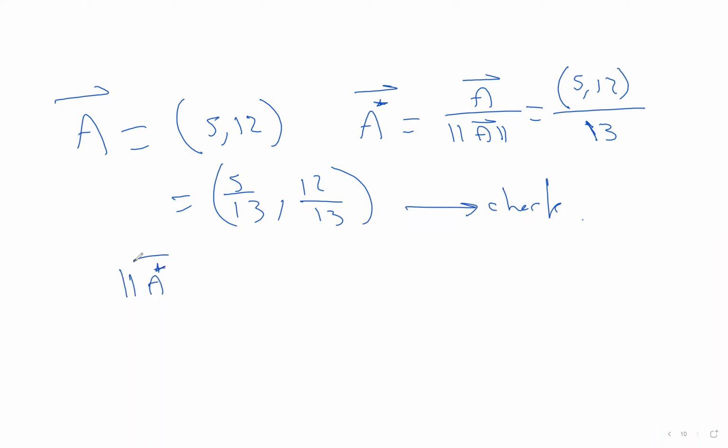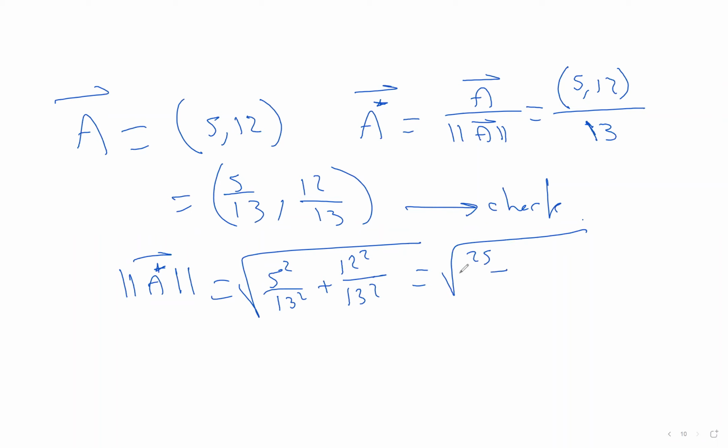If you want to check your answer, you will take the norm of A star, which must be 1. It equals the square root of 5 power of 2 over 13 power of 2 plus 12 power of 2 over 13 power of 2. You will get 25 over 169 plus 144 over 169, which is the square root of 169 over 169, so the root of 1 equals 1.